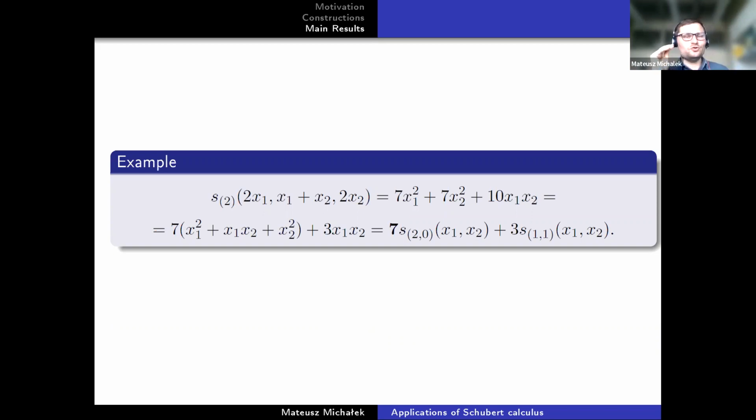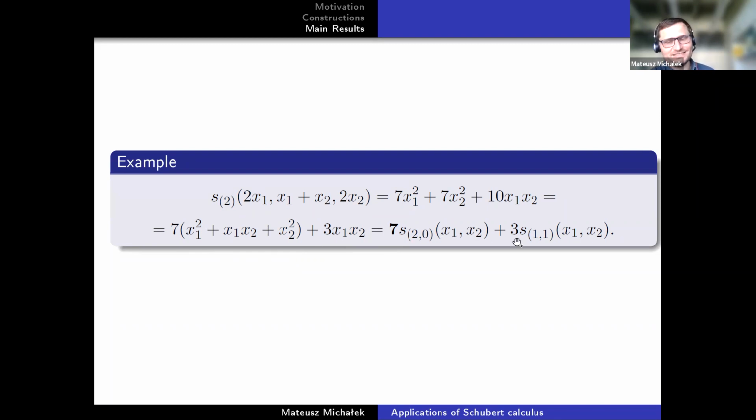So what you have to do is you have to take a complete homogeneous polynomial, but not in variables, but in sums of variables. So I take a degree 2 complete homogeneous polynomial, so a sum of all monomials of degree 2, and I evaluate it at 2x1, x1 plus x2, 2x2. And then I have to write it in terms of this, which is the complete homogeneous polynomial in 2 variables, and this is the so-called elementary symmetric polynomial in 2 variables.